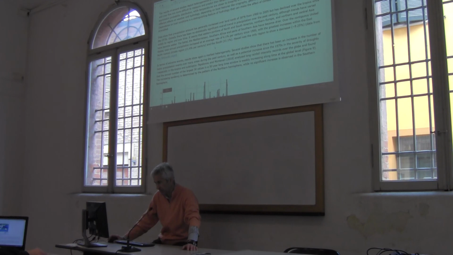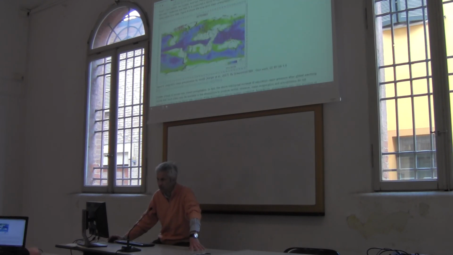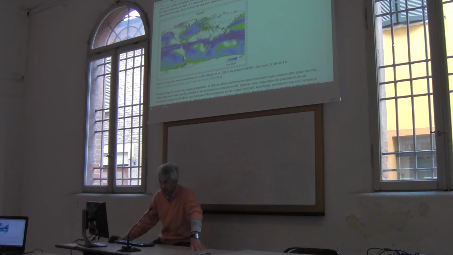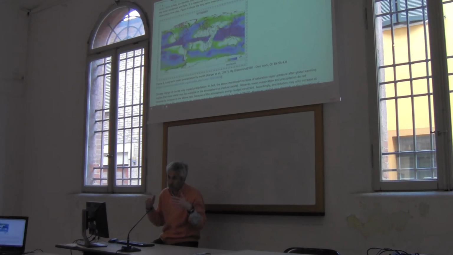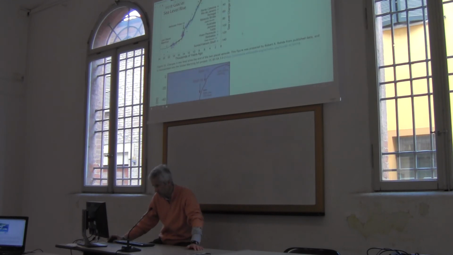Okay, now, is precipitation increasing, decreasing, stable? If we look at the global average, it's about stable. There are still some changes depending on the region. So there are places where precipitation increased and places where precipitation decreased. I think there is a graph around here, let me see.